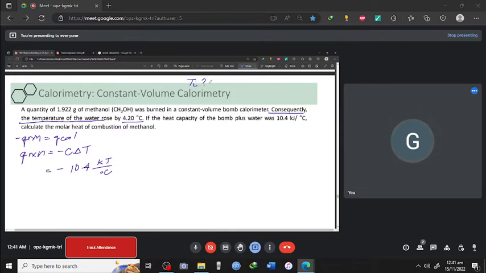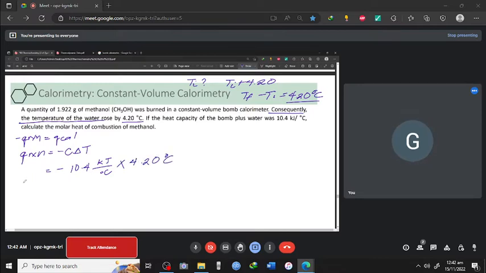Sabi daw, itong initial temperature na to ay tumaas ng 4.20 degrees Celsius. So, meaning parang yung TF minus TI, ang difference lang nila is 4.20. So, automatically, ito na yung change in temperature mo. You don't have to look for the final temperature or the initial temperature kasi nakuha mo na yung change in temperature. So that will simply be multiplied by 4.20 degrees Celsius.